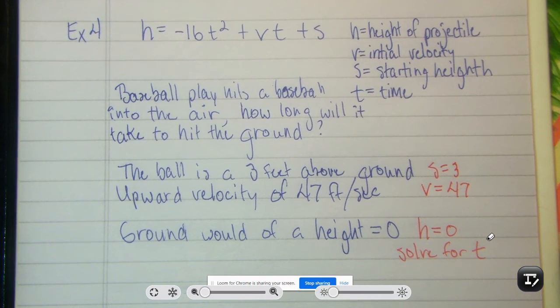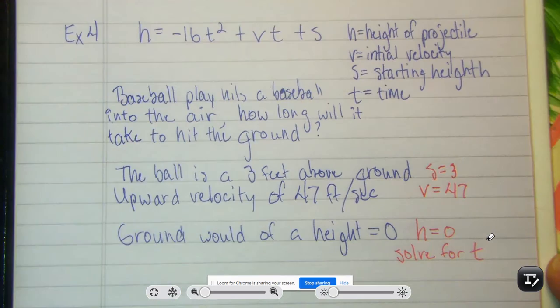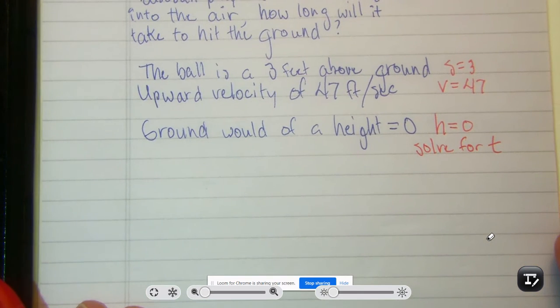Let's take all those values we found and plug them into the equation I gave you to start out with. It models the path of the ball.